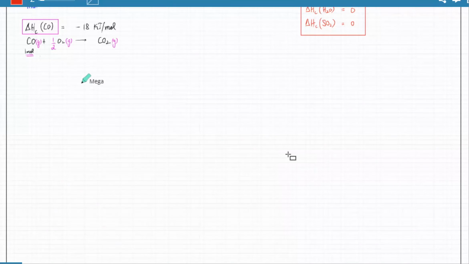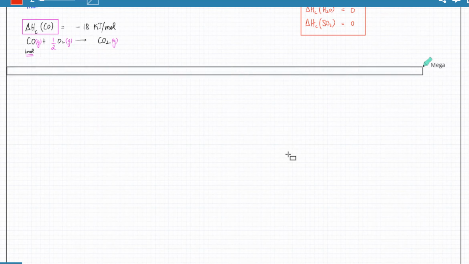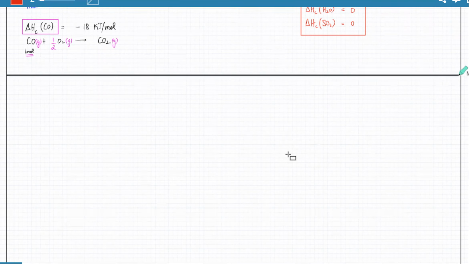There are times when you'll have multiple labels that can be assigned. So remember this by definition, because enthalpy of combustion of something or enthalpy of formation of something is just a label given to the enthalpy change of a particular reaction.